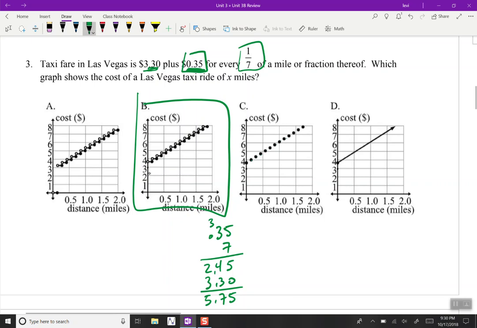And this one's not quite right either, because it should be a little bit lower, just to be careful. Or if it includes that first 35 cents in that first seventh of a mile, you could include that, because that would be 3.65, and that's what that looks like. So yeah, we could go with that.